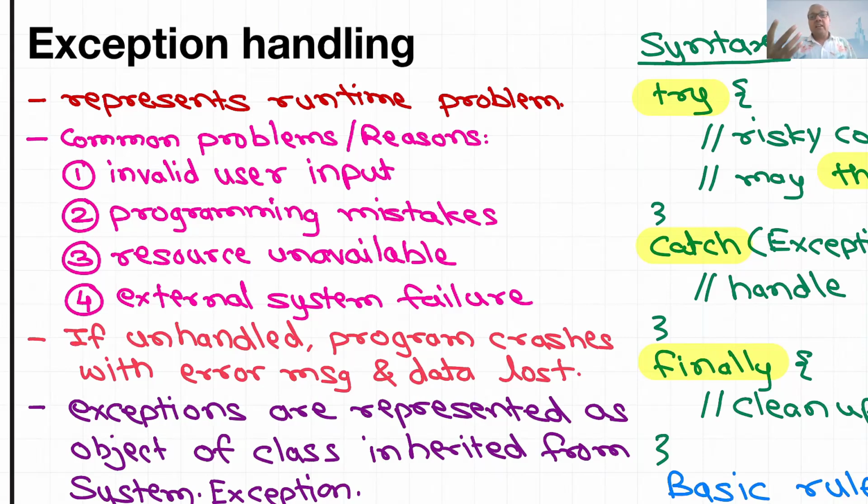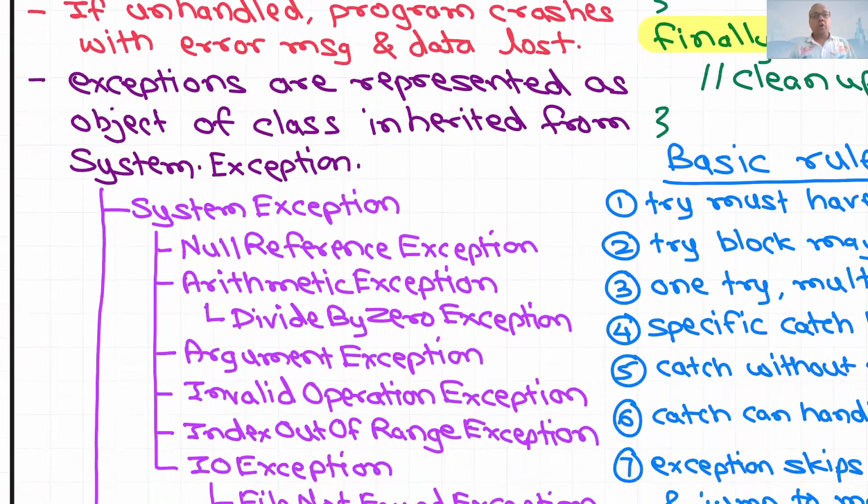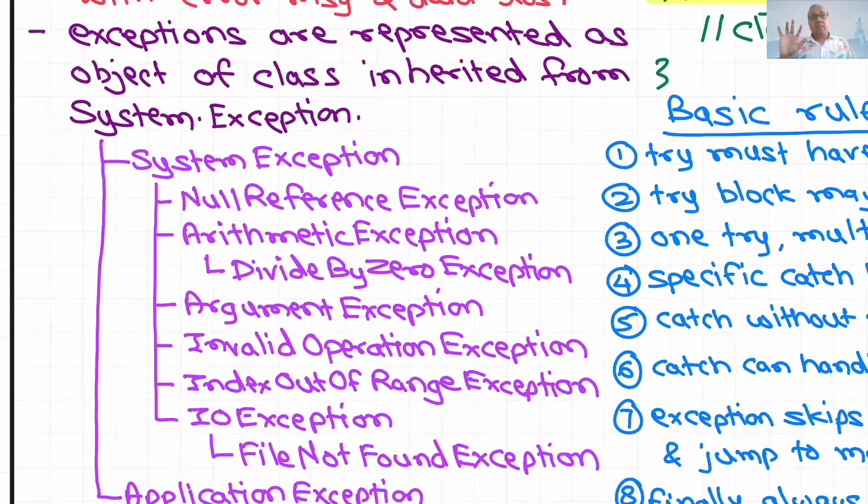How are exceptions seen in a programming language? In object-oriented programming languages, exceptions are represented as objects. And in C#, these are objects of some specialized classes, the classes which are inherited from the System.Exception class.